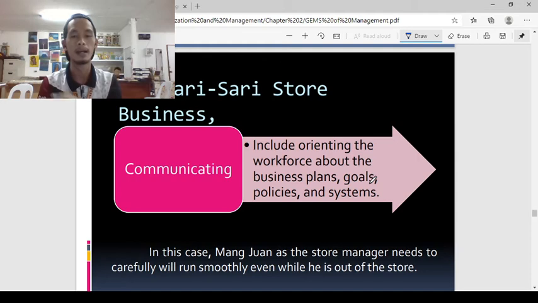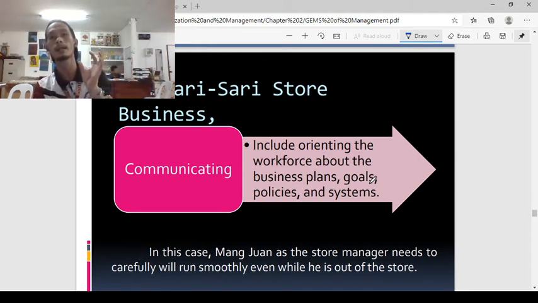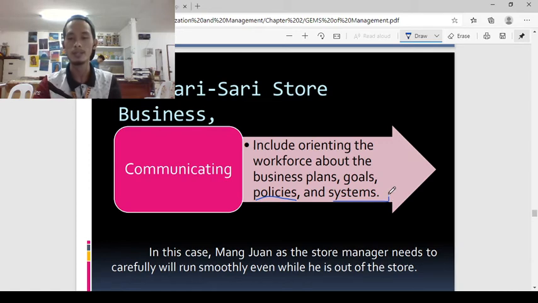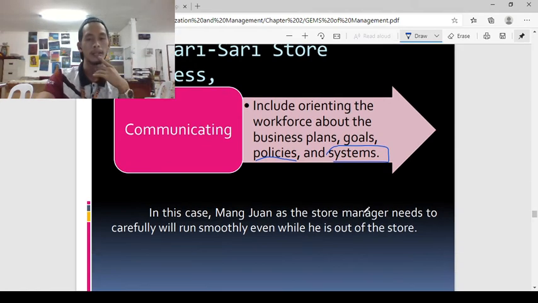So, need ni Mang Juan nga i-orient ang iyang workforce about the plan, the goals, policies, and systems. So not just in a complex organization, kinahanglan ang communication, still in a simple business like even sa store business kinahanglan ang communication, like kinahanglan nimo ipasabot tanan ang plano, goals, policies, and systems of the business.